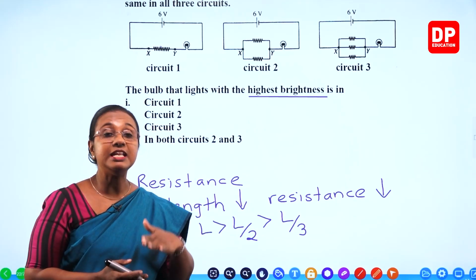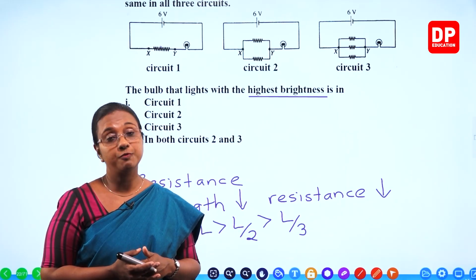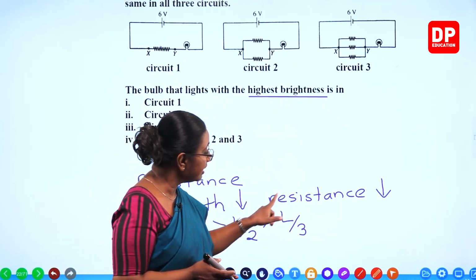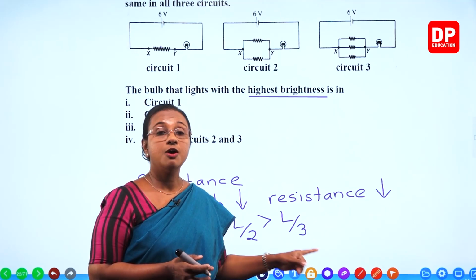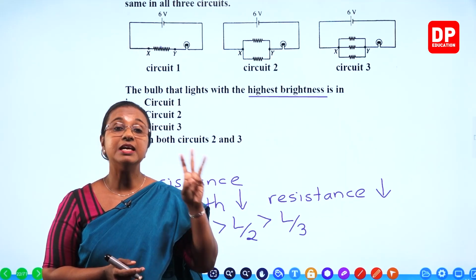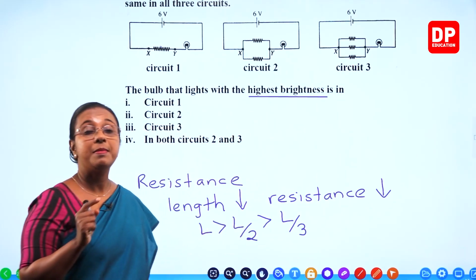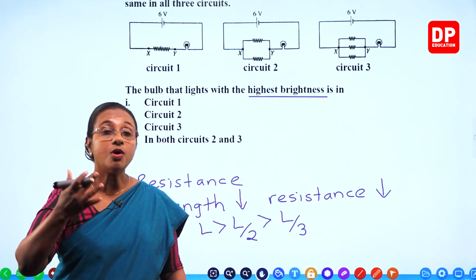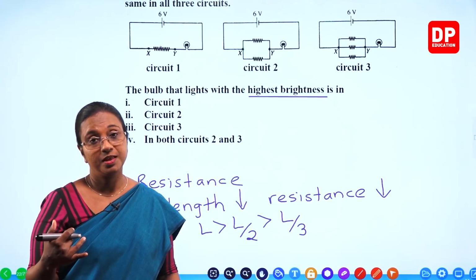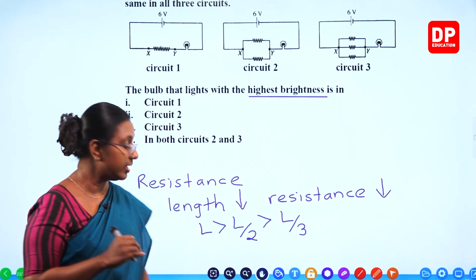That has to be again divided by 2. So it becomes resistance divided by 4. But if you take the third circuit, already the length is divided by 3 times for each conducting wire. The resistance also gets divided by 3 times. But then again, there are 3 resistors parallel to each other. That also decreases the equivalent resistance by 1 over 3. Therefore, in the third circuit, the resistance will be the lowest value.